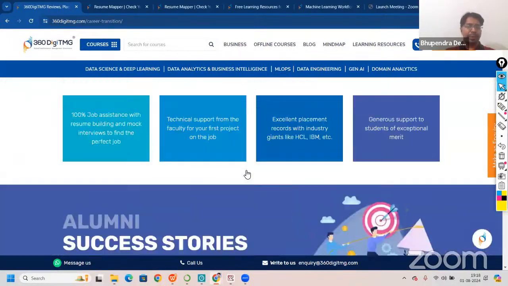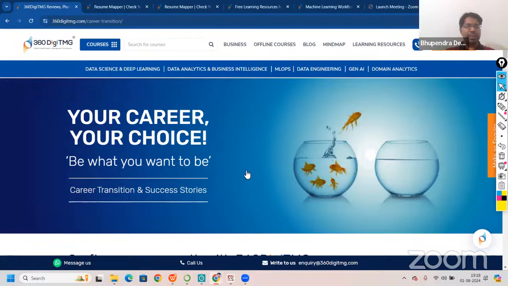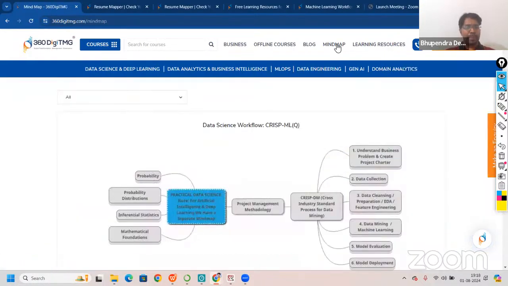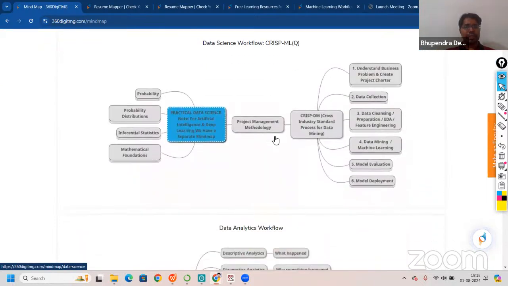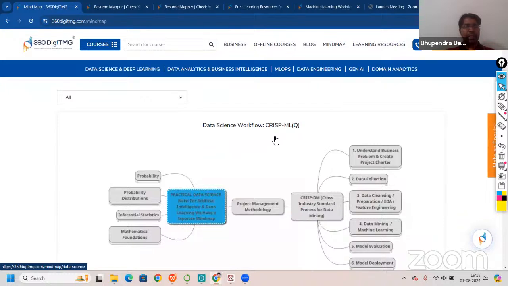We have mind maps for easy internalization of concepts. There are so many mind maps that you can use to revise and internalize concepts from data science, Python, SQL, Power BI, Tableau. There are so many things.